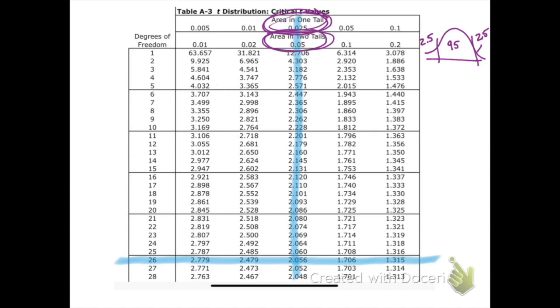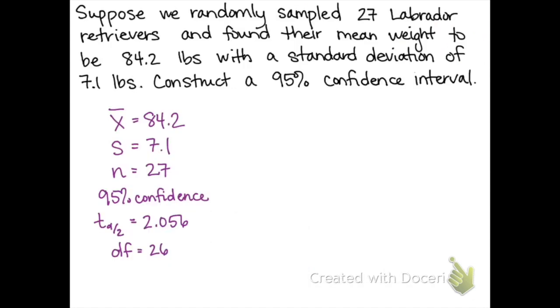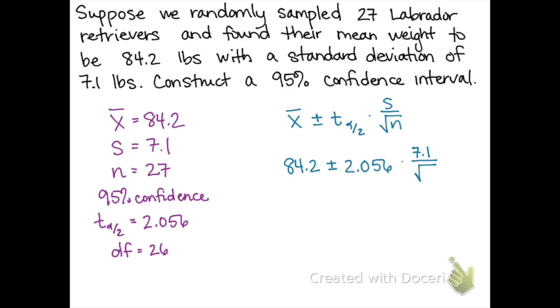Our critical t-score then is 2.056, and now we're ready to input these values into our formula. So we take the sample mean of 84.2, and we add and subtract the margin of error, which is our t-score of 2.056 times s, 7.1, over the square root of n, which was 27.